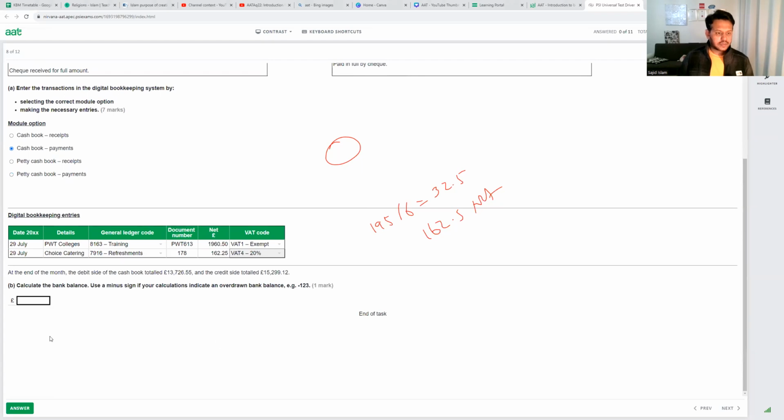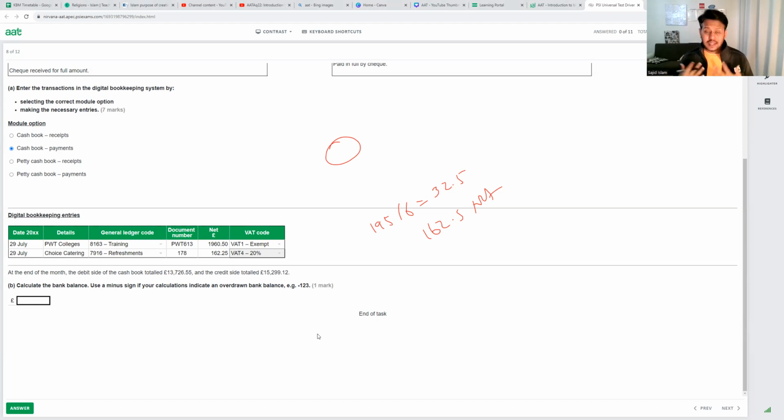All right. The next one says at the end of the month, the debit side of the cash book totals 13,726.55, and the credit side is 15,299.12. Remember, do not be confused if you see that credit is higher than the debit, because in the cash book we have two columns. One is the cash column, one is the bank column.